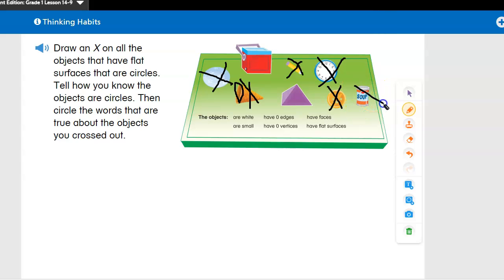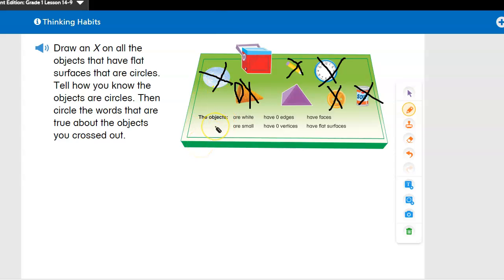Yes. So I'm going to cross that out. I crossed out 1, 2, 3, 4, 5, 6 objects that had the flat surfaces of a circle on them. You should have crossed out all of those items with me as well.